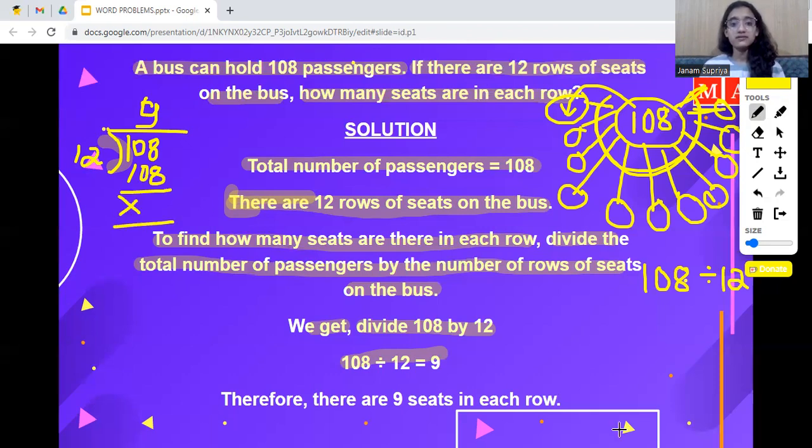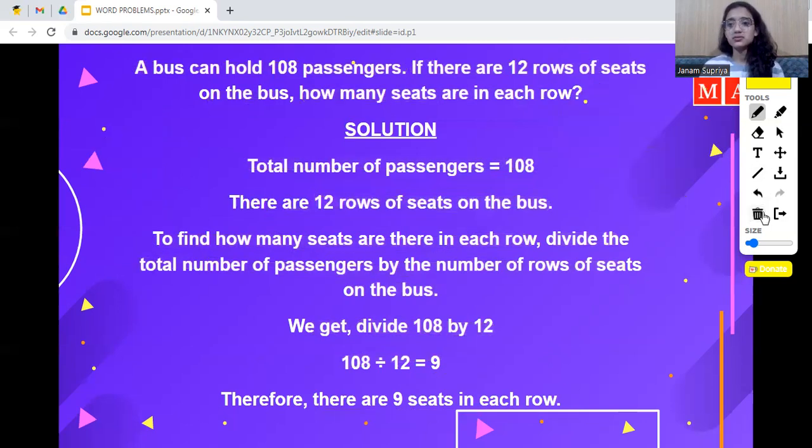So we have 9 passengers in each row. Okay, there will be 9 seats. 9 passengers means obviously there will be 9 seats in each row, right? The number of passengers in each row is equal to the number of seats. There might be some empty seats, but obviously there must be 9 seats compulsorily. Yes, so this is how we solve this question.